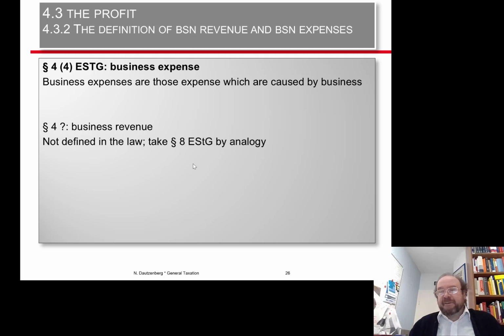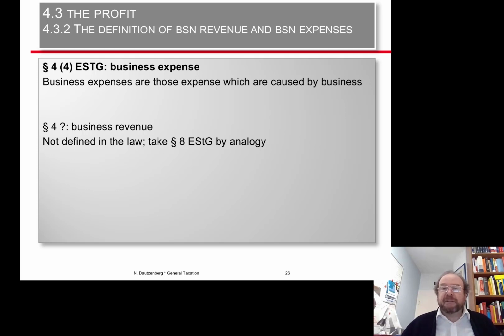And for business revenue, there is no definition in the law at all. That gap is usually closed by analogy to 8 EStG, or you just close it by defining it or understanding it as the opposite to business expense, so as revenue, which is caused by business. Both ways lead to the same result.